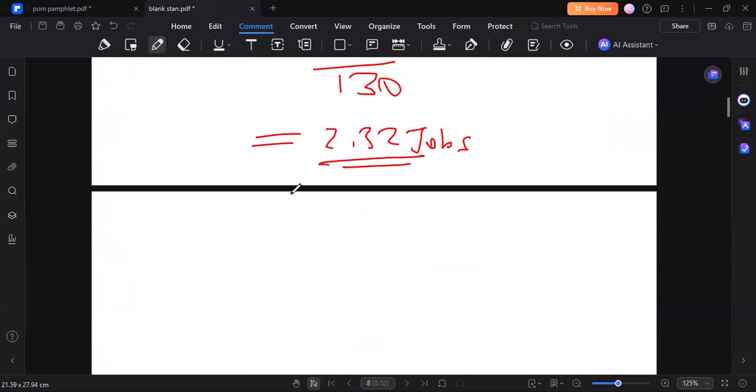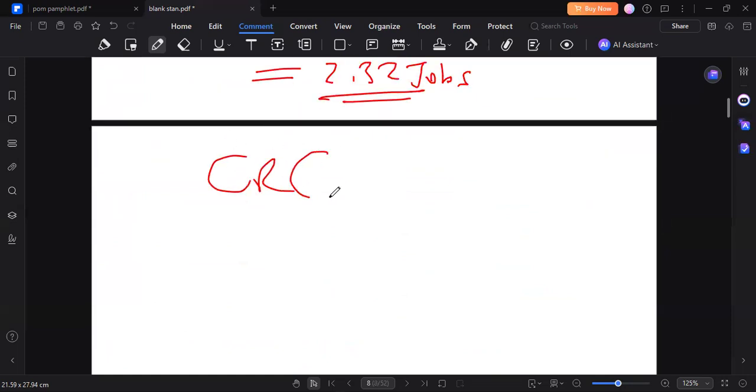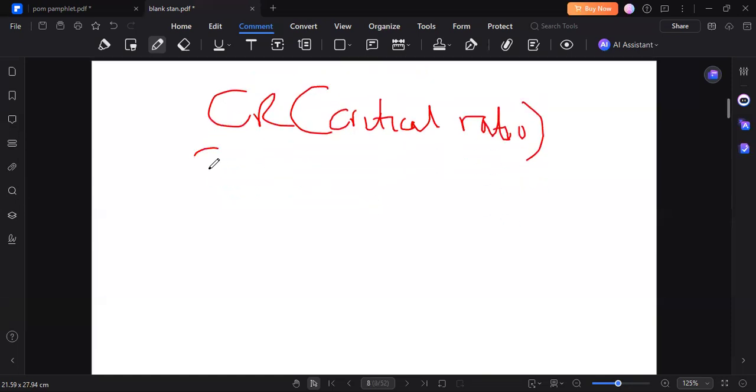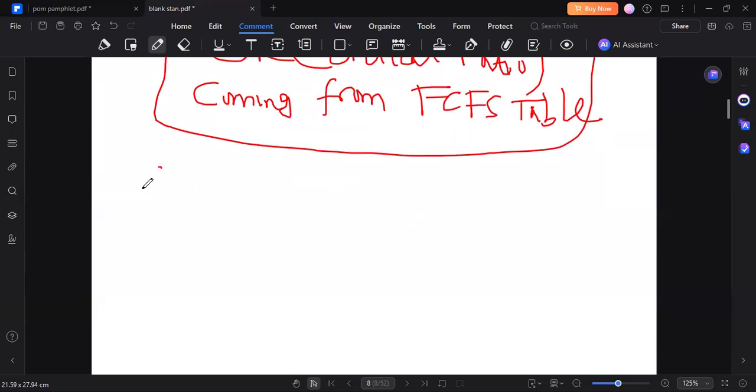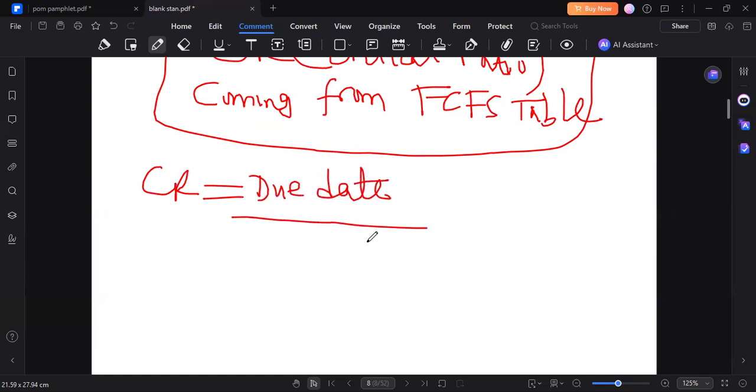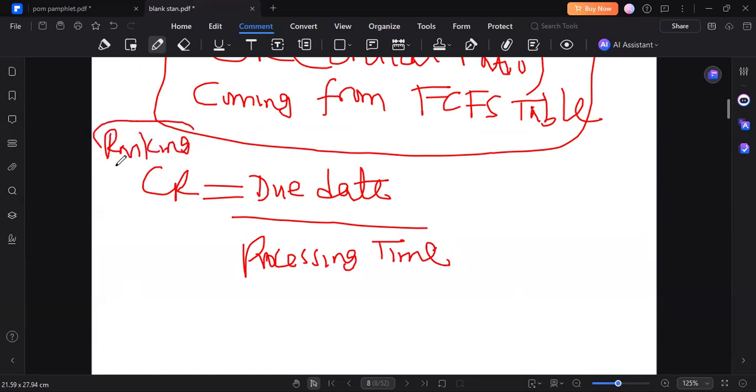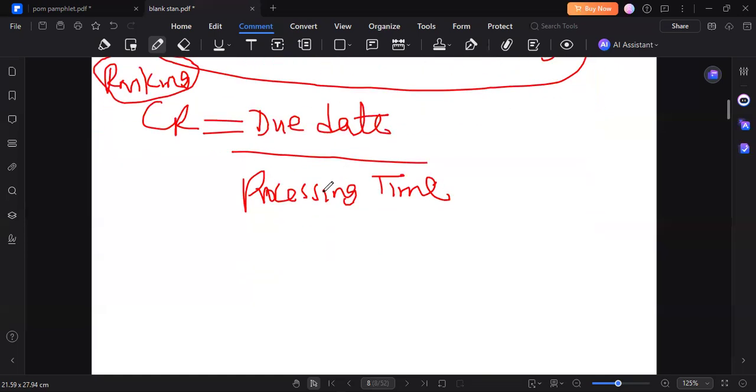So let's now go for critical ratio. Critical ratio comes from the first come, first served table. Our critical ratio is equal to due date over processing time. So this is for ranking. Are we together? Are people with me?